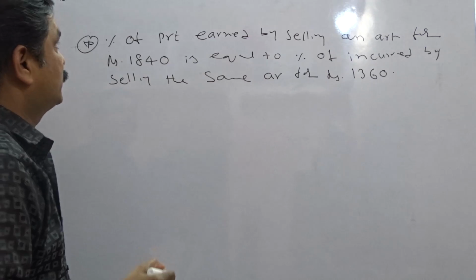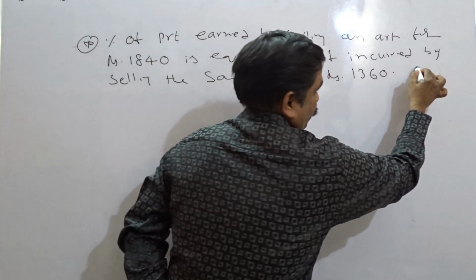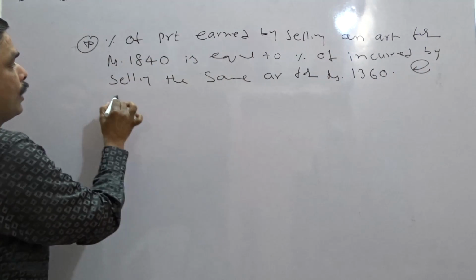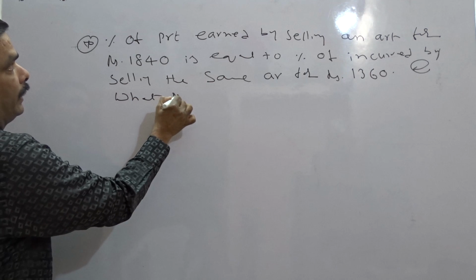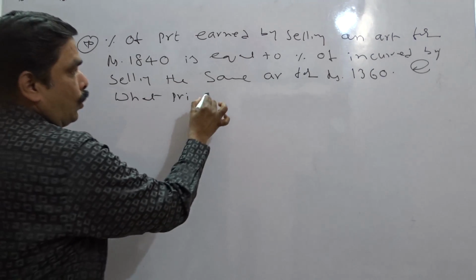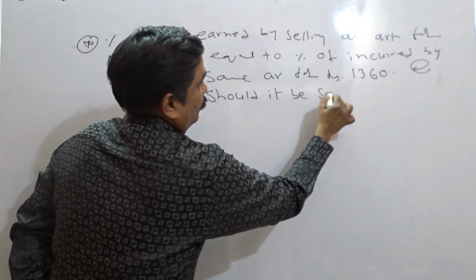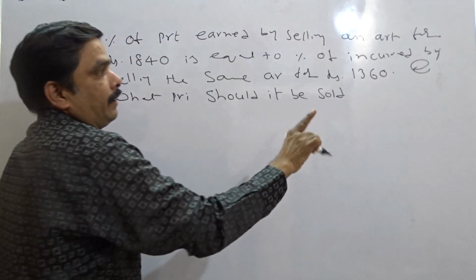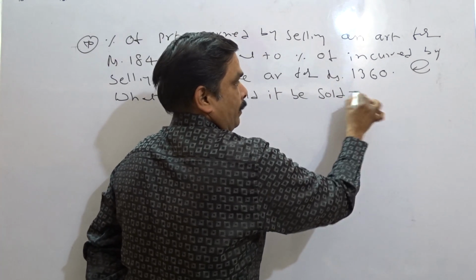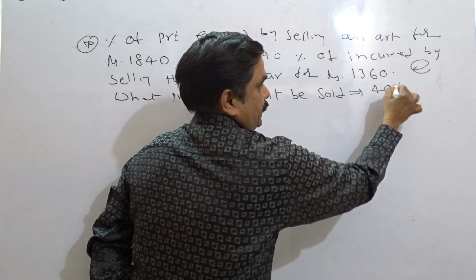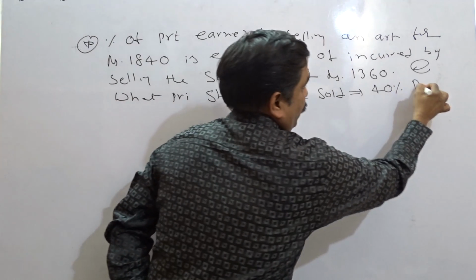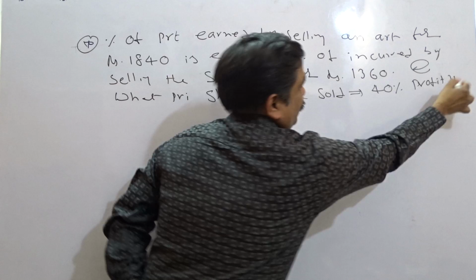Then the question is, suppose they ask, at what price should it be sold to make, let us say, 40% profit? That's the question.